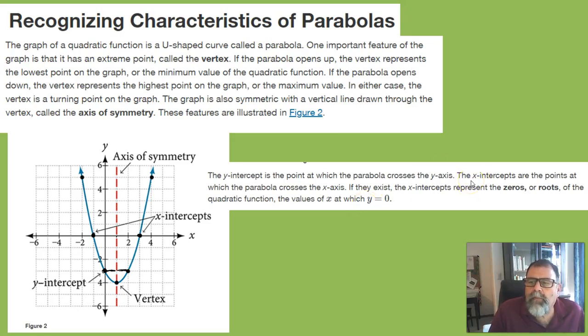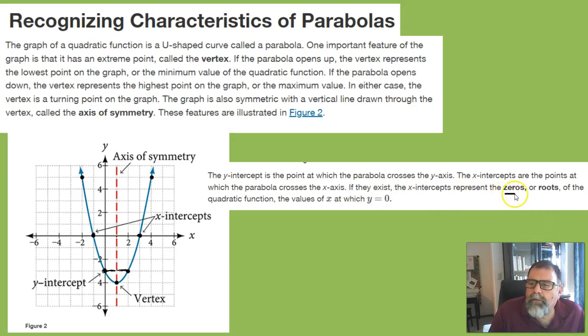And then same thing for the x-intercepts. They are the points at which the parabola crosses the x-axis. So there are 2 x-intercepts in this case: (-1, 0) and (3, 0). If they exist, the x-intercepts represent the zeros, or roots, of the quadratic function.